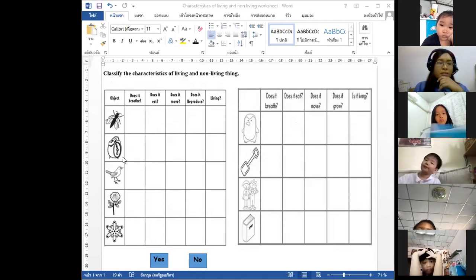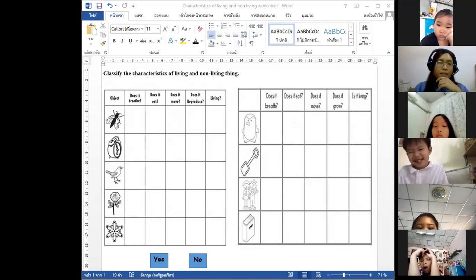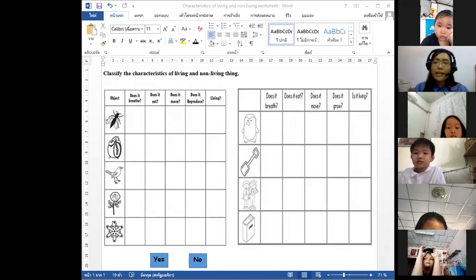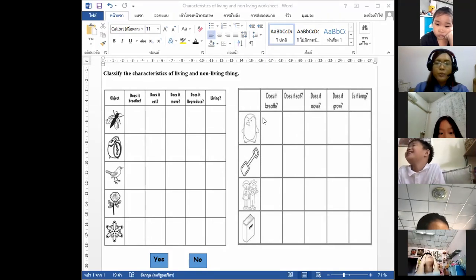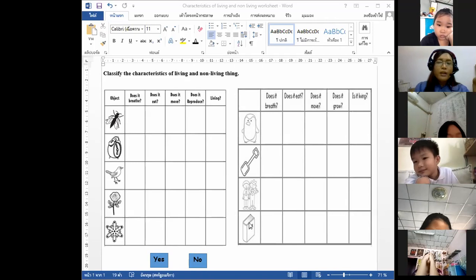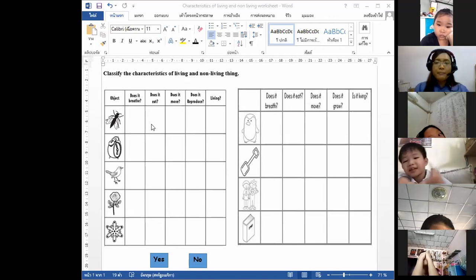In this column, we have the different objects. We have 5 objects, and on the other worksheet, we have only 4. So let's try to answer worksheet number 1.